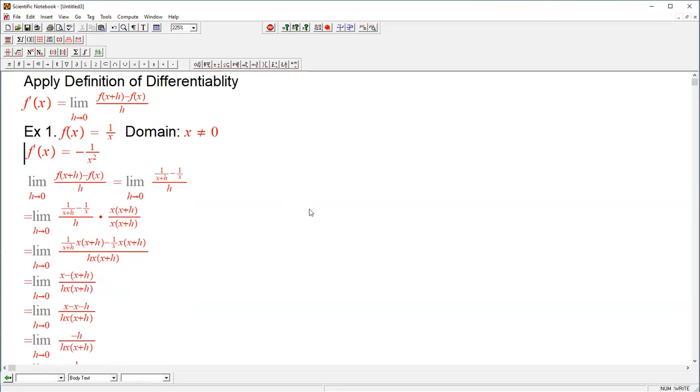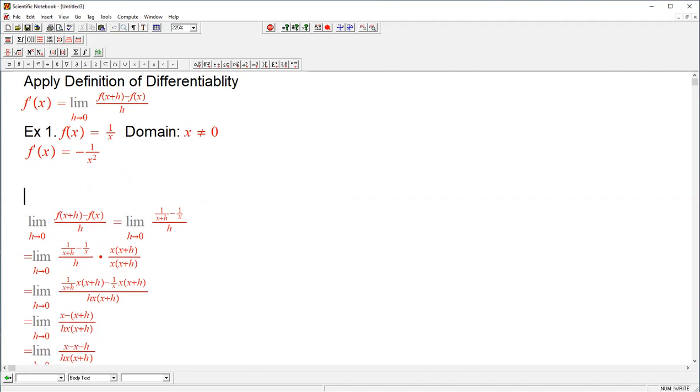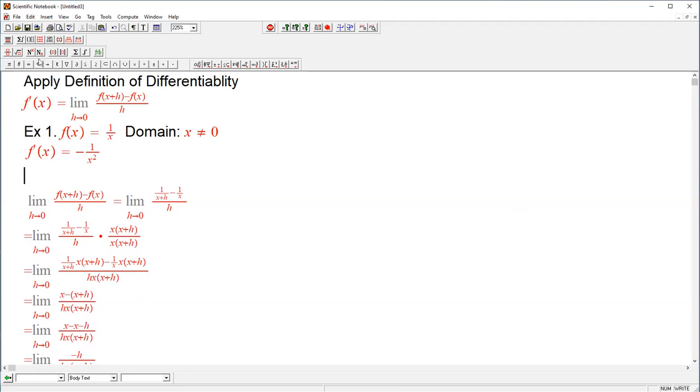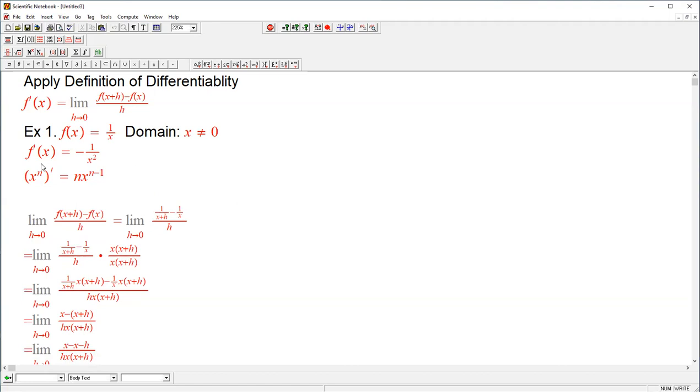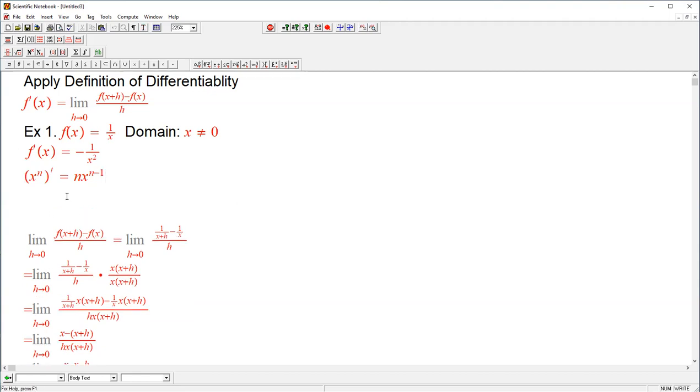You can also get it from the formula we have learned for the derivative of x raised to the power n, which equals n times x raised to the power n minus 1. But it's so much easier once you already know it. Commonly used, right? When you apply the formula, you basically have 1 over x.